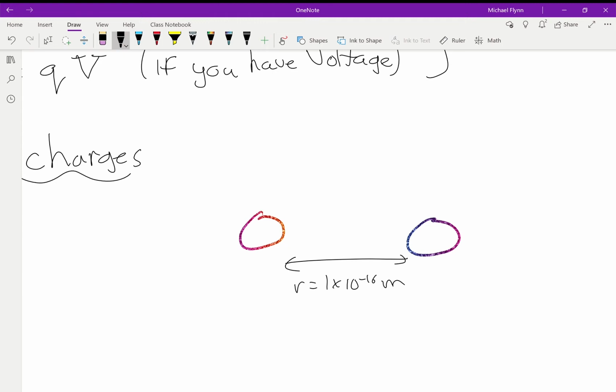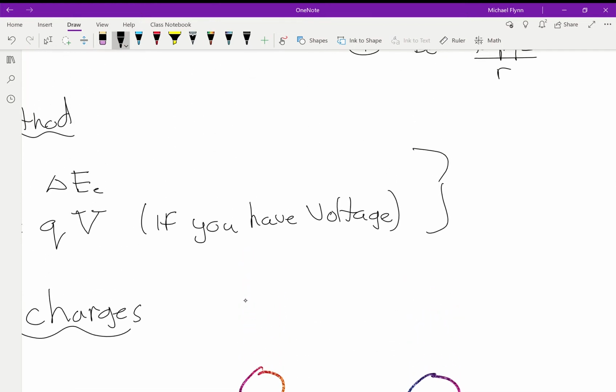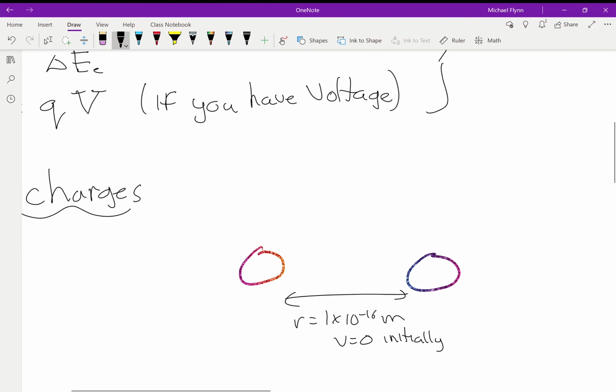At first they're at rest, so their velocities equal 0 initially. Now that's not voltage, it's velocity. If it's voltage, I'll put the little hat on it, like the little hat that I put right here on voltage in the equation.